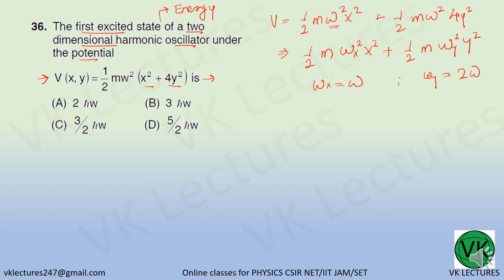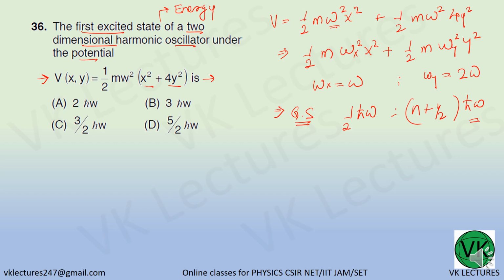Now in the ground state, what is the energy? We need half h cross omega, which we can write as n plus half h cross omega, the energy of the nth state. For n equal to 0, we will write half h cross omega. This is the ground state.